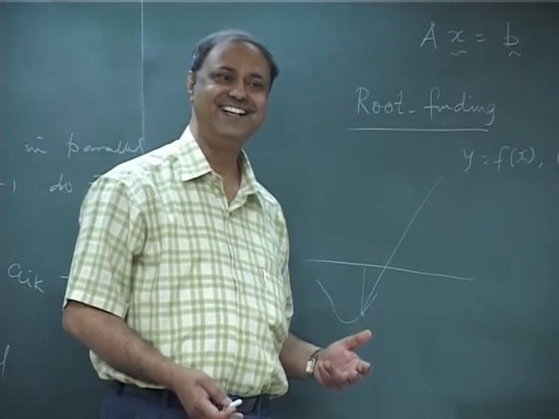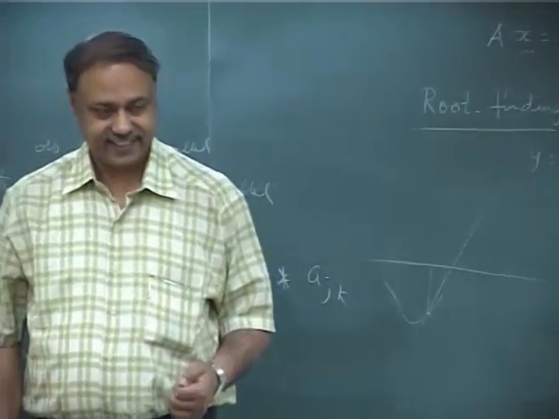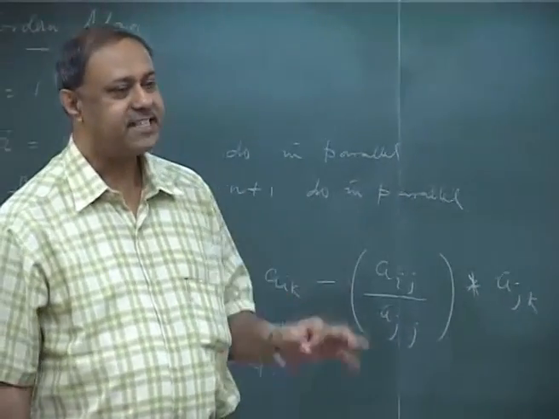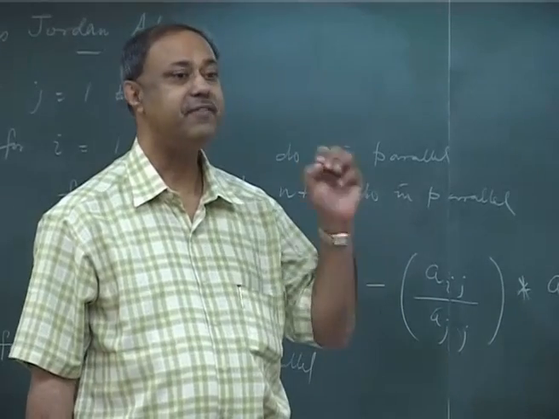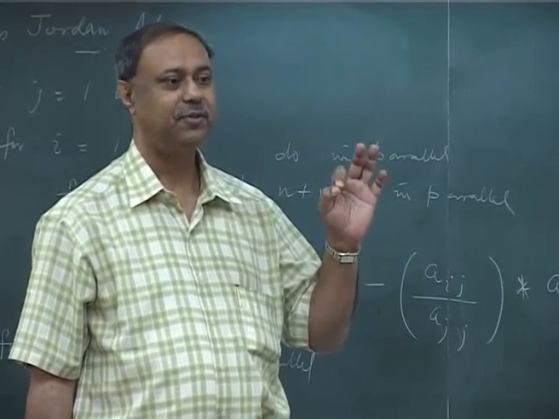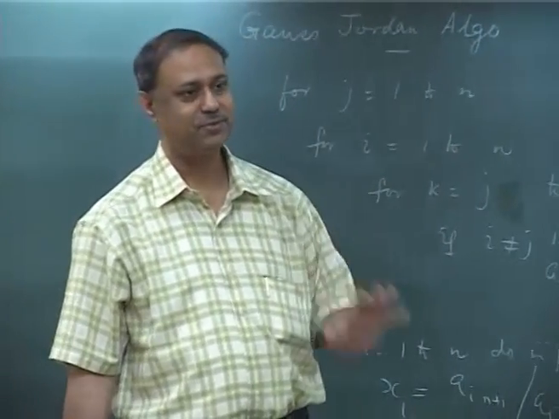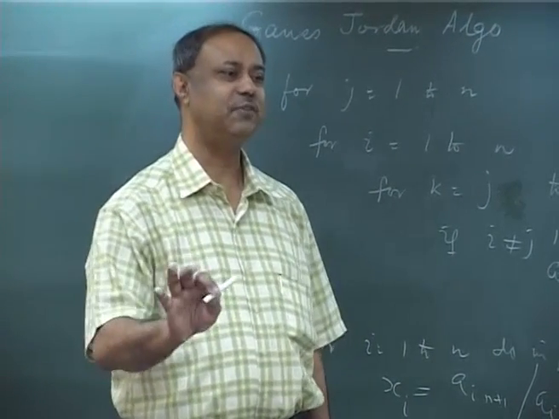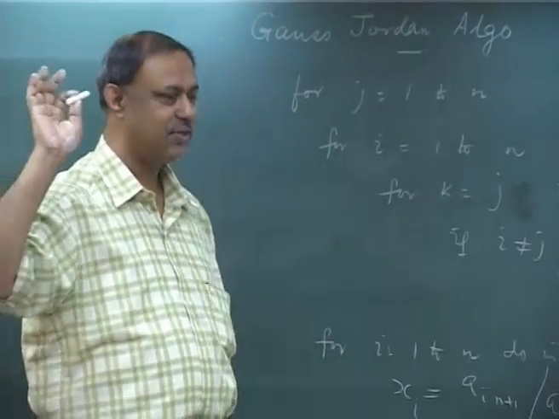If there are two roots in one of the halves, then the sign doesn't change. So yes, the bisection method fails if you have an even number of roots. So I assume that there is no even number of roots. There exists at least 1 or 3 or 5, that many. What does it mean?